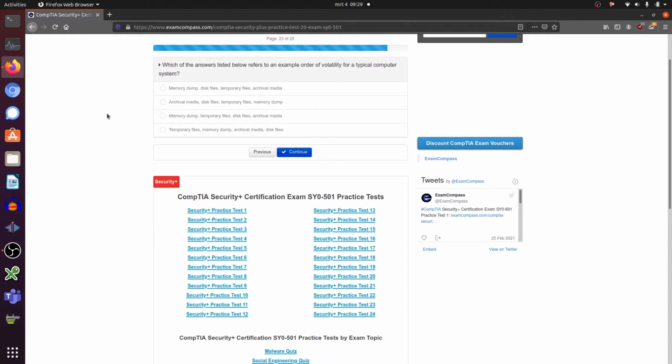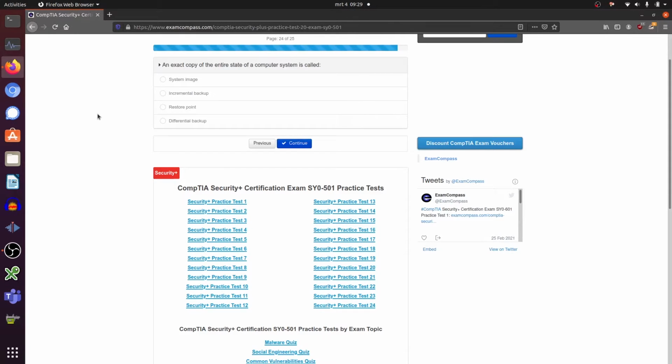Which of the answers listed below refers to an example order of volatility for a typical computer system? Memory dump, disk files, temporary files, archival media. The order of volatility.